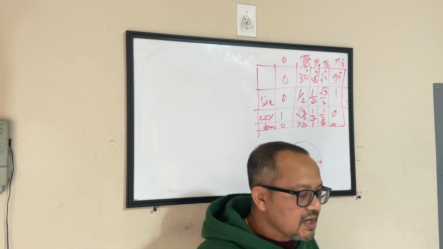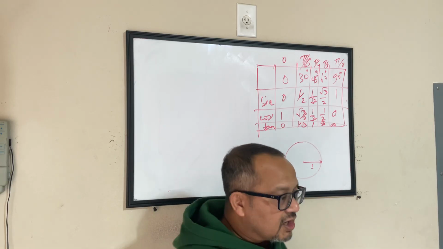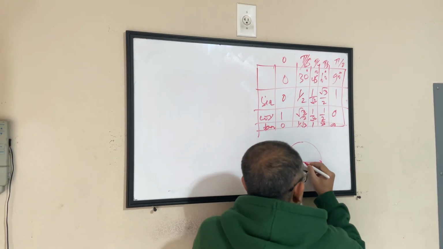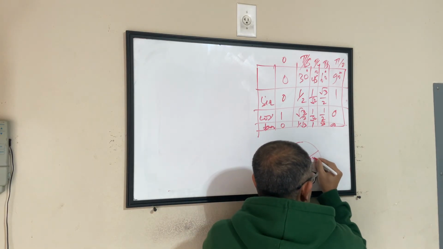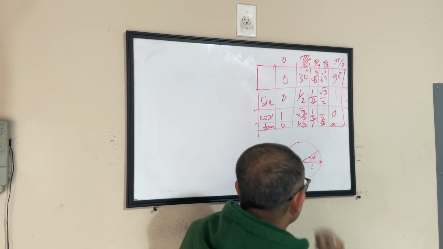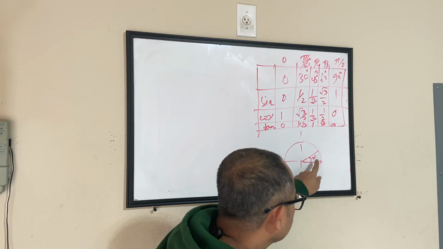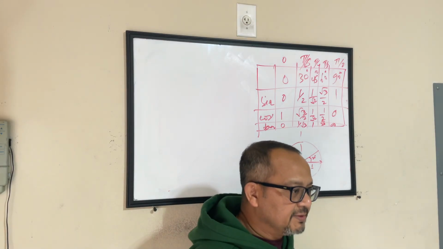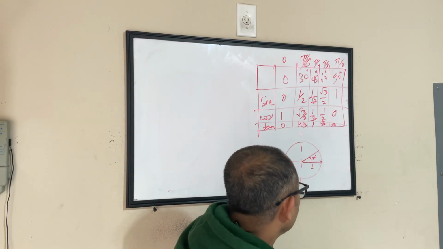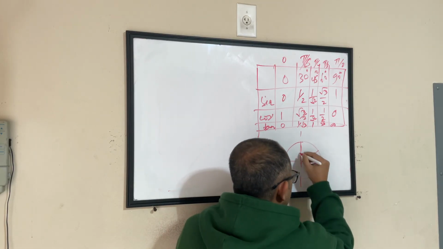Now, if I am talking about 30 degrees, I am talking about this angle, which, if you visualize this as a full-blown unit circle, is an angle in the first quadrant. If I am talking about 90 degrees, I am talking about this angle.